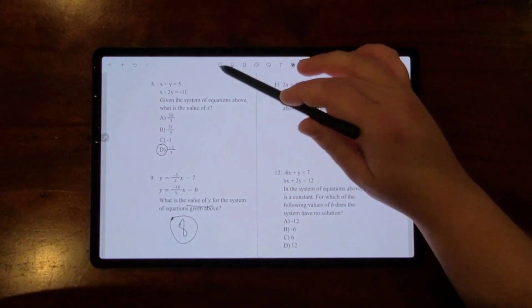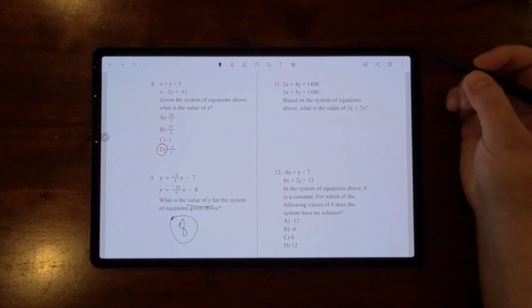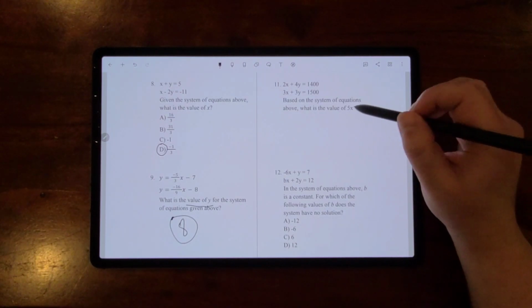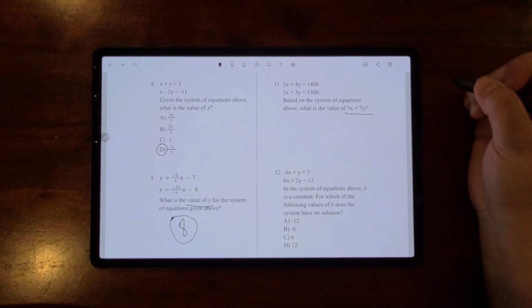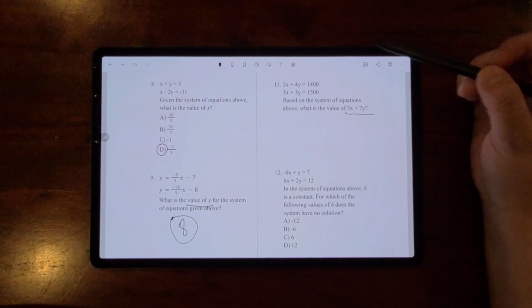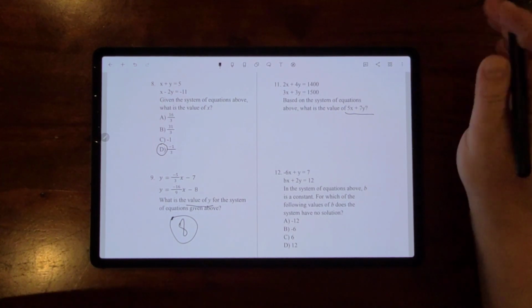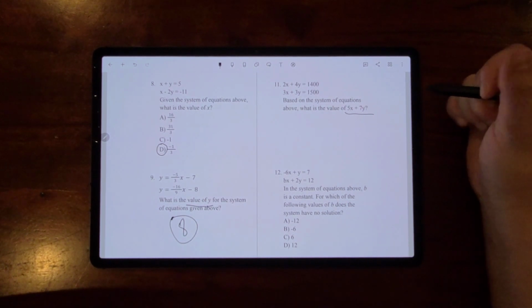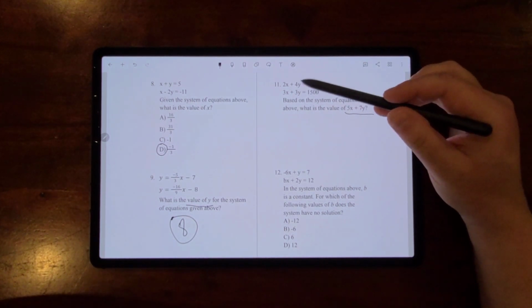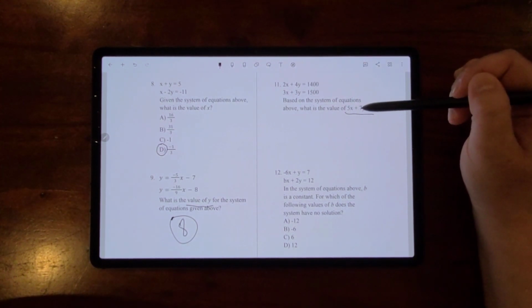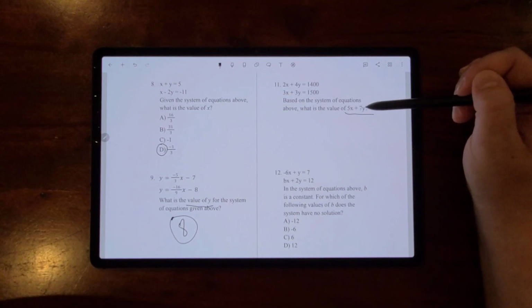So let's go to number 11 right here, and we're trying to find out what is the value of 5x plus 7y. One thing you can do here is the regular solving way: find out what x is, find out what y is with whatever method you want, and then plug those in to this expression and solve.